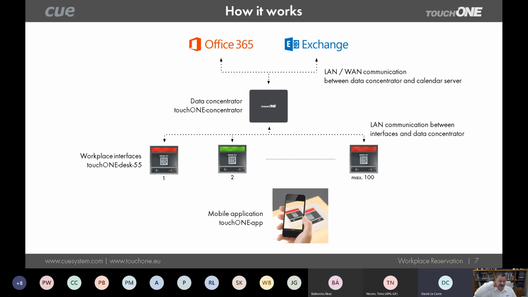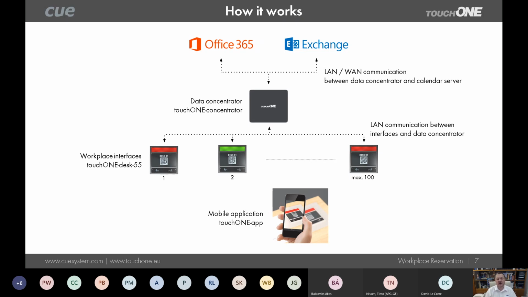So going back to the presentation and finishing this slide, both workplace interfaces, the first generation and the new touchONE 4 unit, are giving you the opportunity to show a QR code, which can be used together with a mobile application, which is available free of charge on Google Play Store and App Store. You may download it to your mobile devices, mobile phones and tablets. It's called touchONE app, and this is a tool helping you to do reservation much more comfortably in your mobile devices.